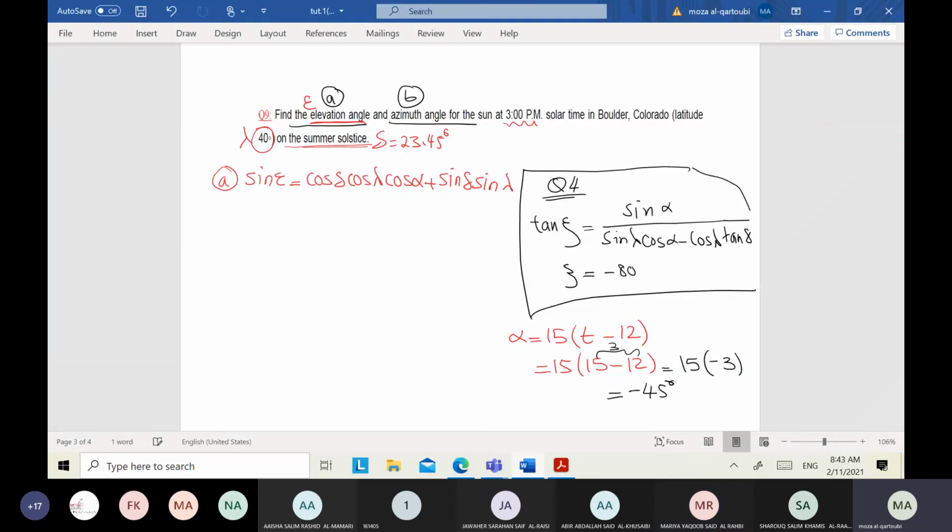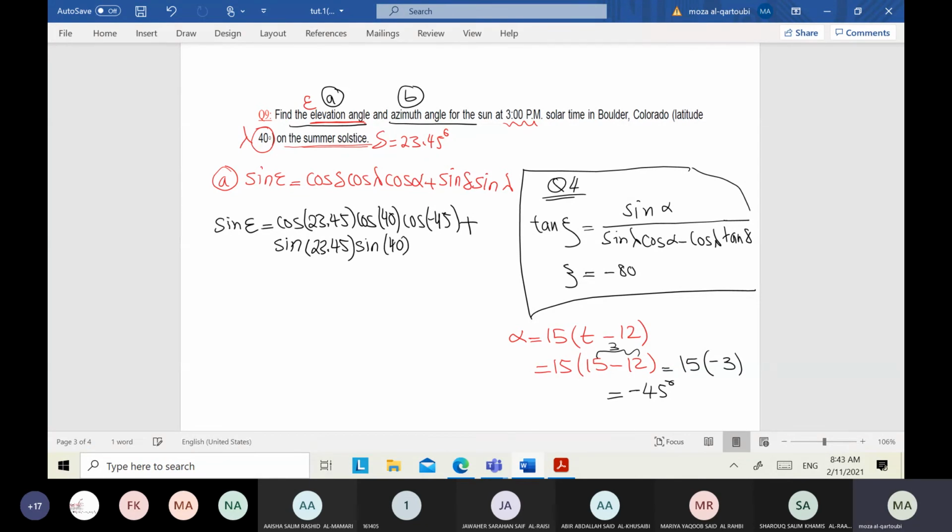Okay, so we solved this before, only remember this case. Now we can substitute. We need to find epsilon. Please substitute: sine epsilon will be cosine delta, so cosine of 23.45, then cosine of lambda, which equals 40, then cosine of minus 45, plus sine of delta, where delta is 23.45 again, then sine lambda, where lambda equals 40.